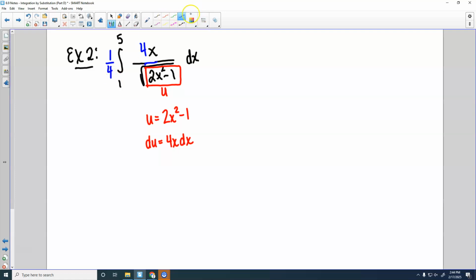And so I'm going to rewrite this a little more clearly. We're going to have 1/4 integral from 1 to 5 of 1 over the square root of 2x squared minus 1 times 4x dx.